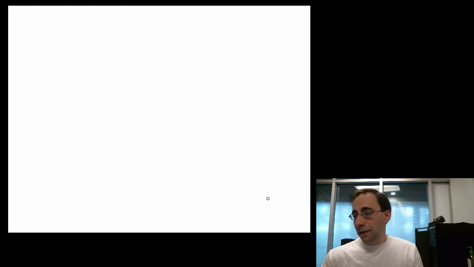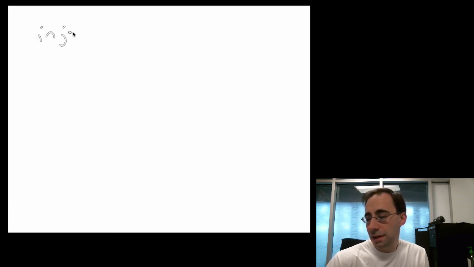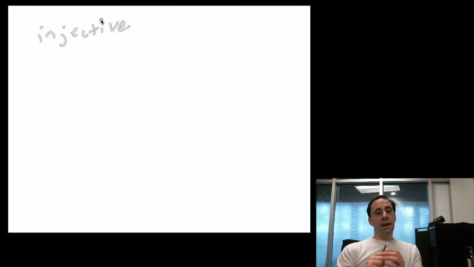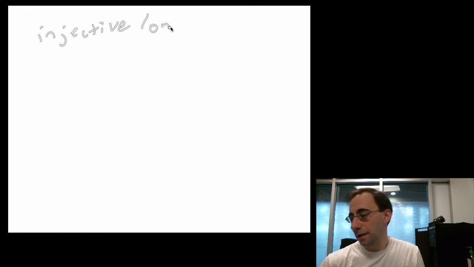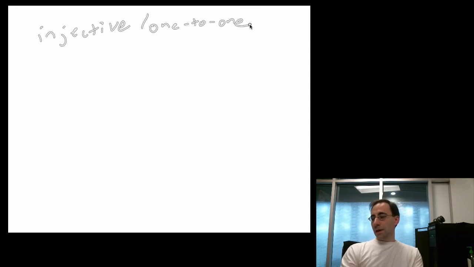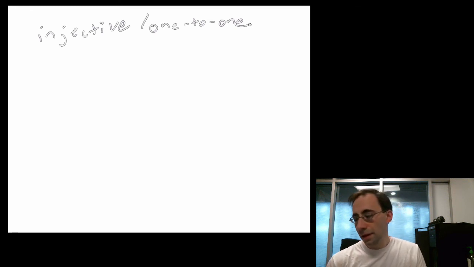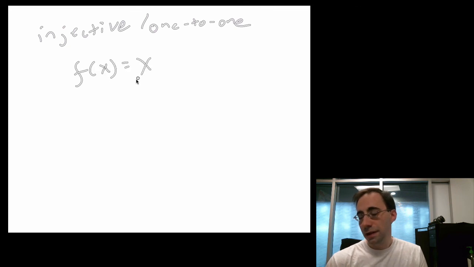The second definition is injective. An injective function is one-to-one. A one-to-one function has one value of the range for each value of the domain. So this function is one-to-one.